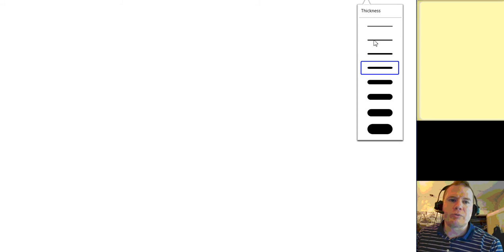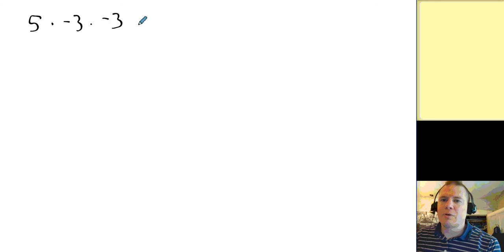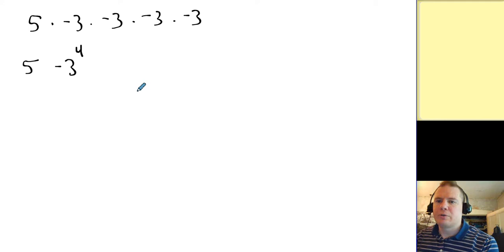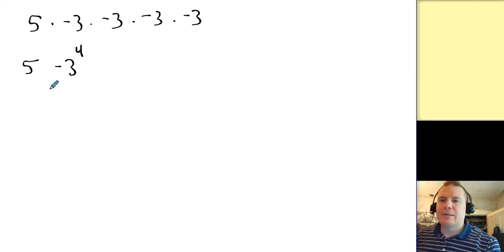Now we have to be careful with exponents when we're dealing with signed numbers. We have to really pay attention to what's what. So if I have another example here, I have a single 5. I have negative 3 to the 4th power. But do I put my dot and negative together?